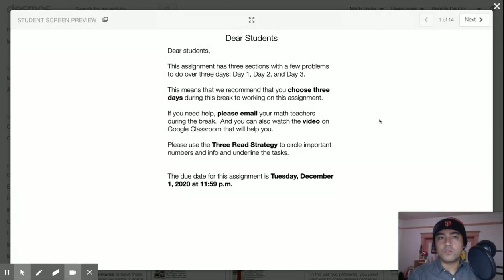We're going to go through screen 1. It says, "Dear students, this assignment has 3 sections with a few problems to do over 3 days. Day 1, day 2, and day 3. This means that we recommend that you choose 3 days during this break to work on this assignment.